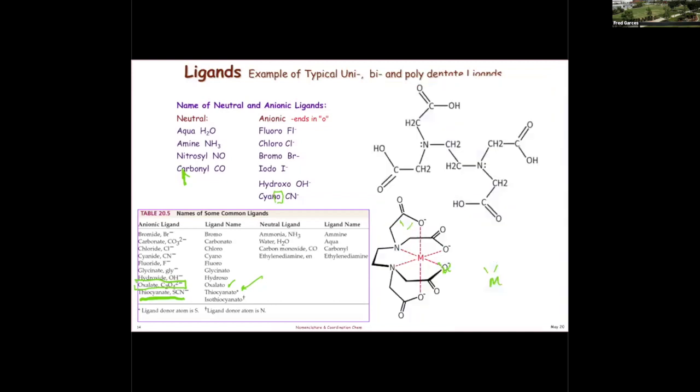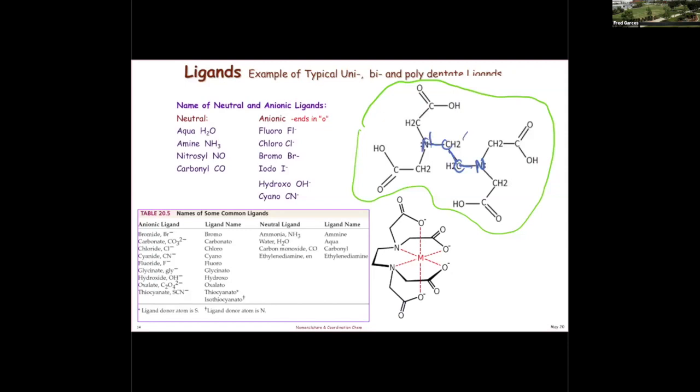And this is the ligand right here. Let me show you the structure of this chemical. You see this right here? That looks like an ethylene diamine.